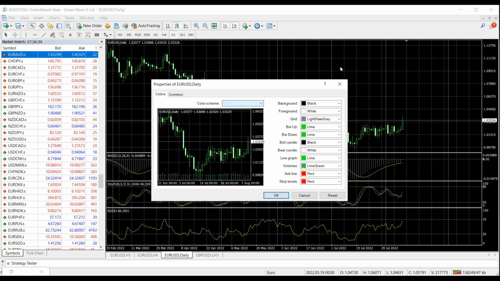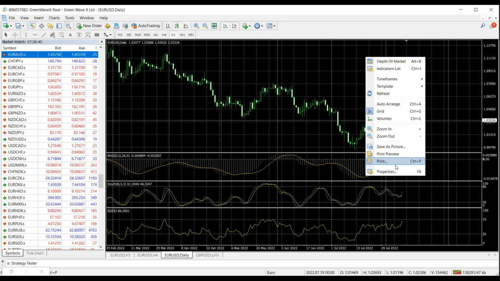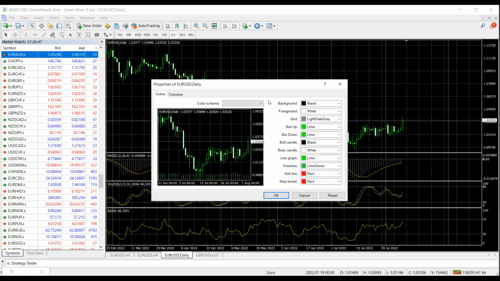So to get that, you just right click anywhere on the chart window, and then you click on properties, and then you go to color scheme and choose. The one I'm on now is a dark background and green candles. You can say green on black background.